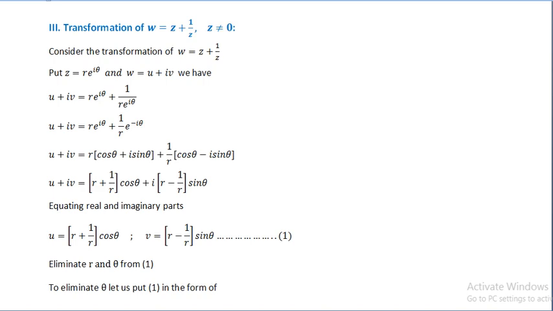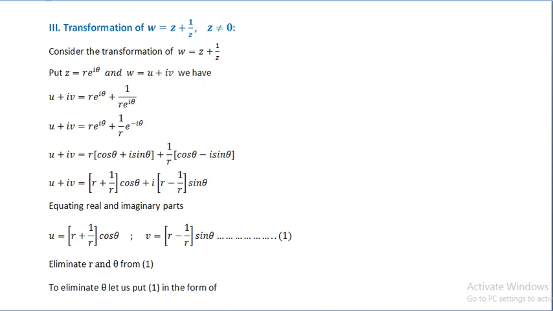Again we collect the real and imaginary parts. The real part is r cos θ + (1/r) cos θ, so cos θ is common: (r + 1/r) cos θ. The imaginary part is r sin θ - (1/r) sin θ, so sin θ is common: (r - 1/r) sin θ.